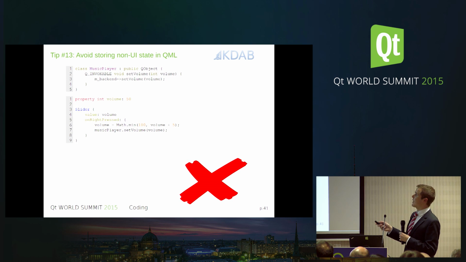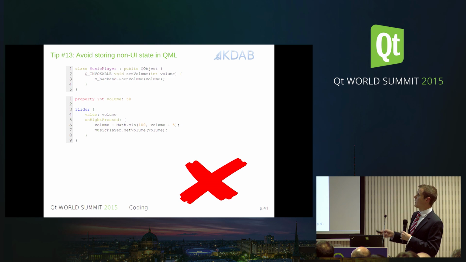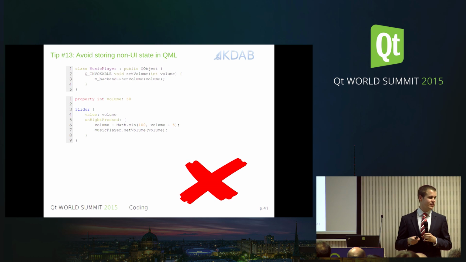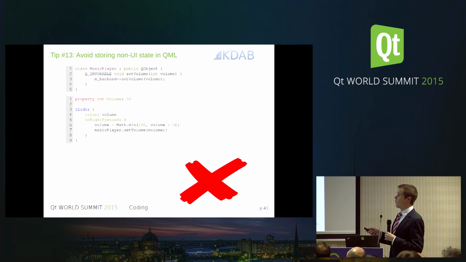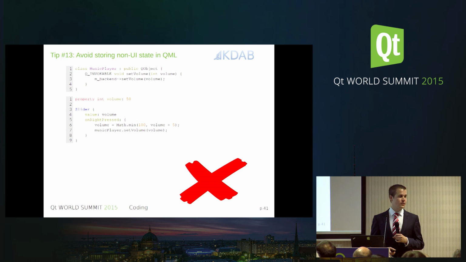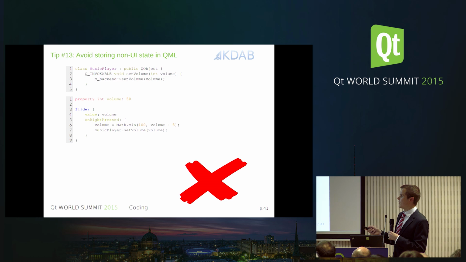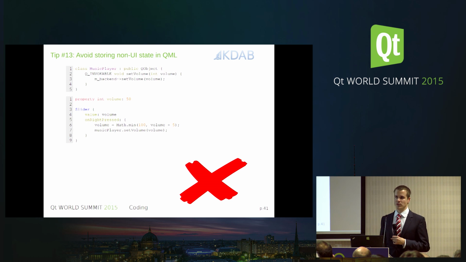That music player, the C++ class doesn't actually know the volume itself. It has some backend which might have the volume, but the class itself doesn't know the volume, and the volume is stored in the QML file here. And when we want to change the volume, we basically have to change it in the QML file and then tell the C++ code about the new value, maybe.